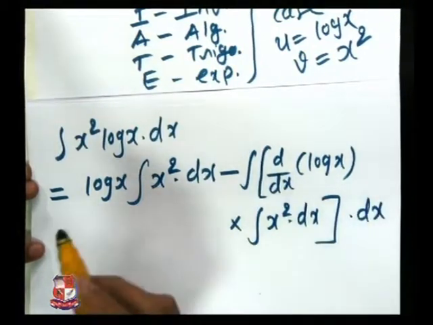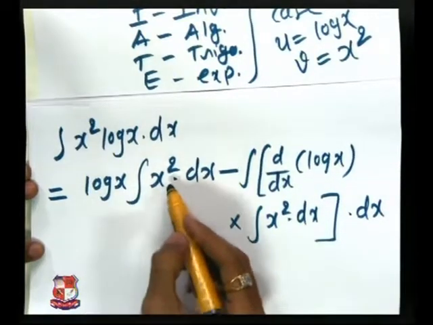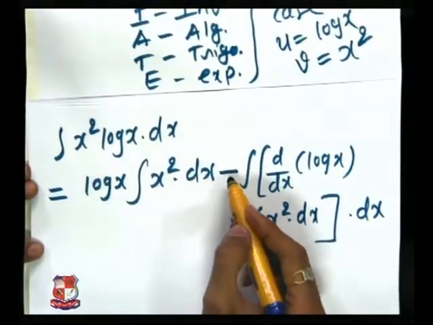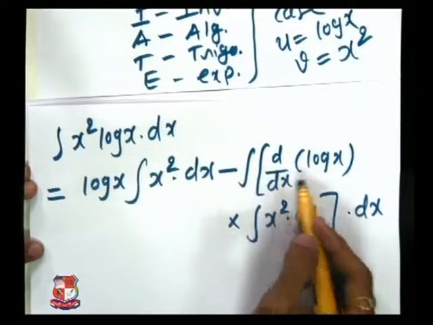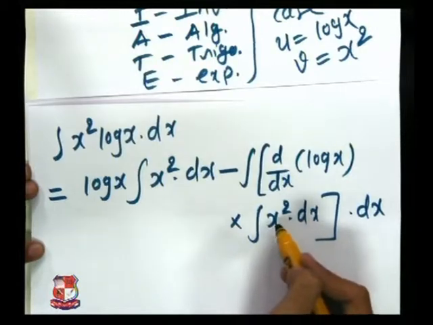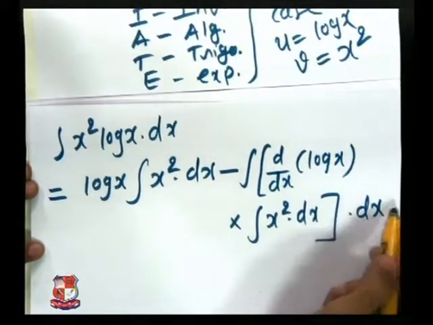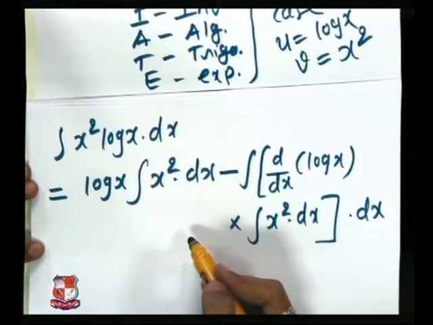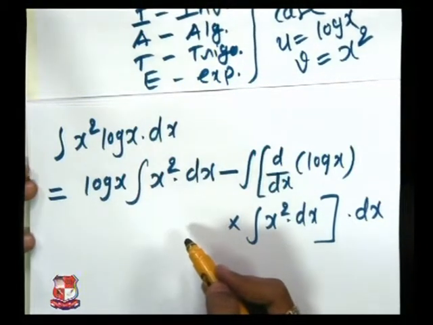That means u integration v dx minus integration differentiation of u, that is du by dx, integration of v dx into dx, right? So this is the method of integration by parts.